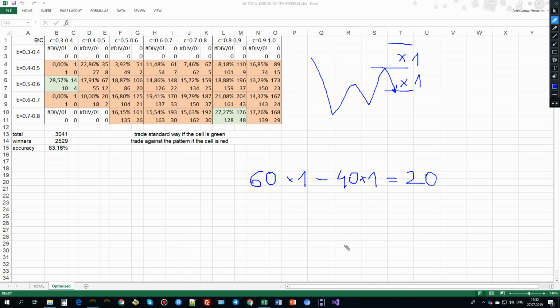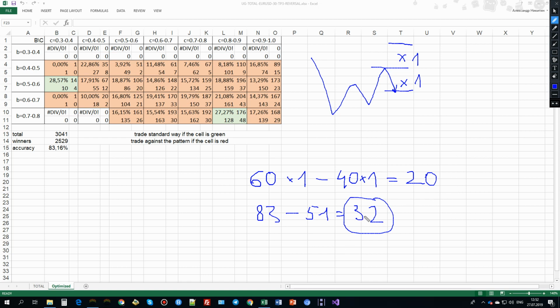And if you remember from the previous example, yes, you had 83 minus 51, you had 32, yes. So trading the inverse way is much more profitable than trading the standard way, even if the strategy is 60% correct and so on.